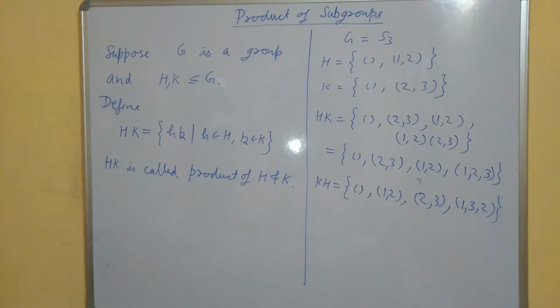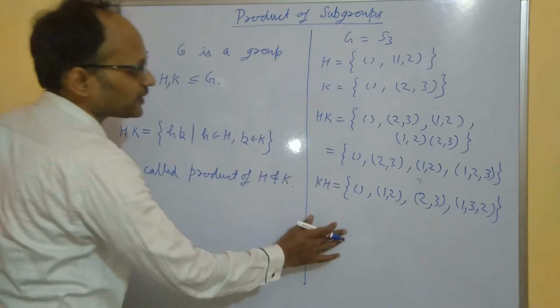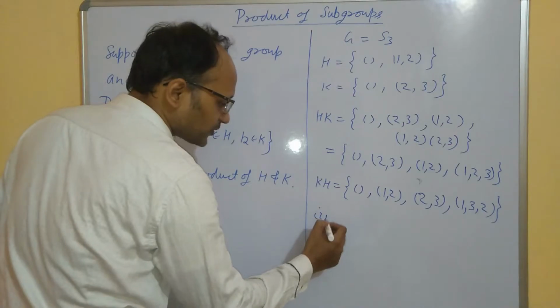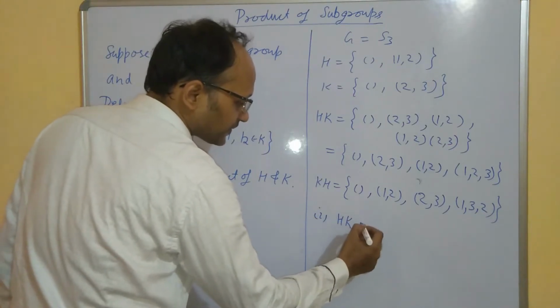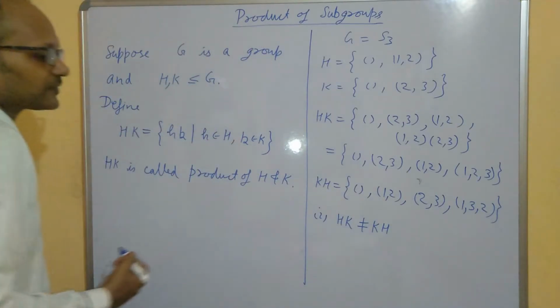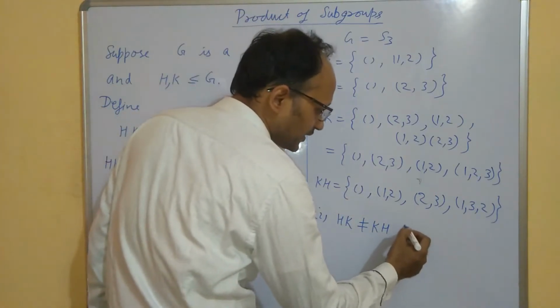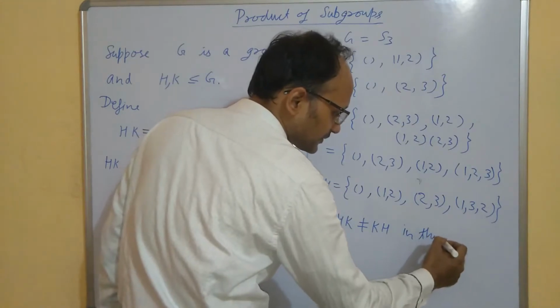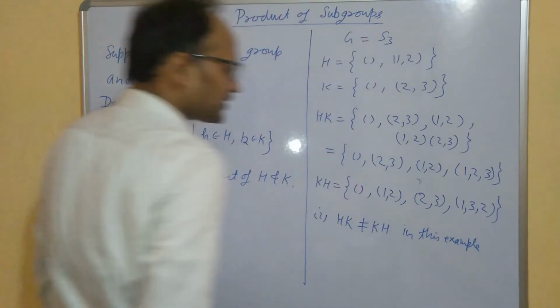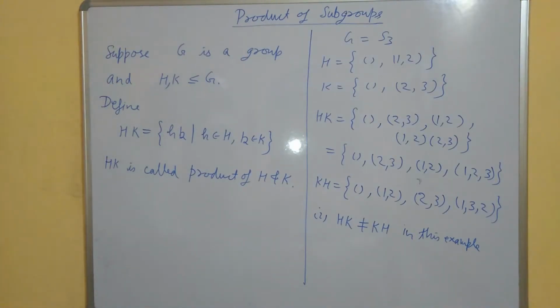Now as you can see from this example, one thing you can observe is that HK is not equal to KH in this example. So the question is, is it always true that HK is not equal to KH?